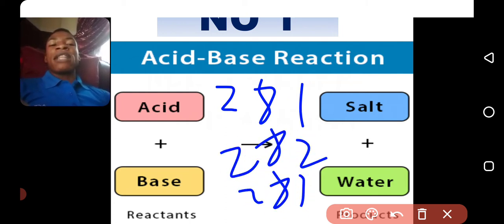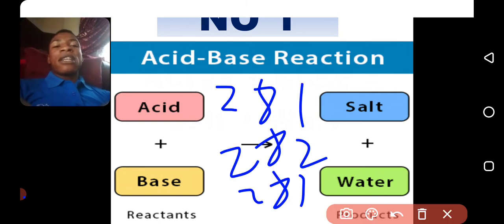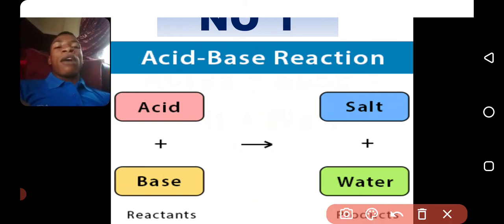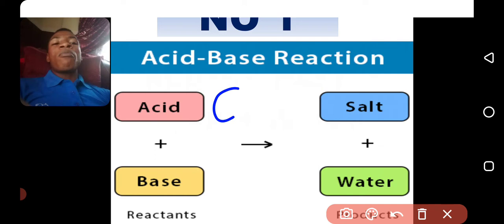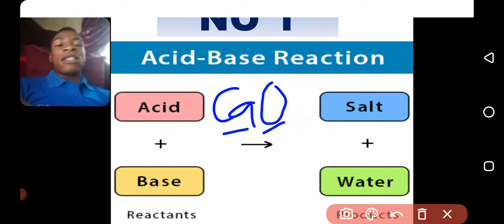The transition elements are also metals. So oxides of metals are bases. For example, calcium is a metal, so the oxide of calcium will be called a base. That's the meaning of base.